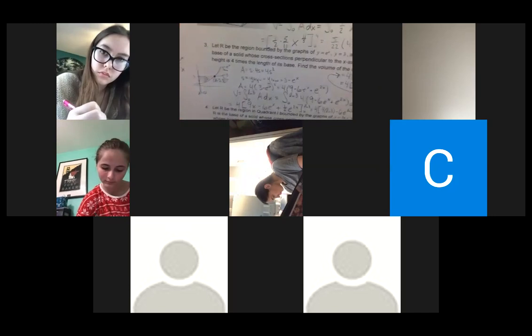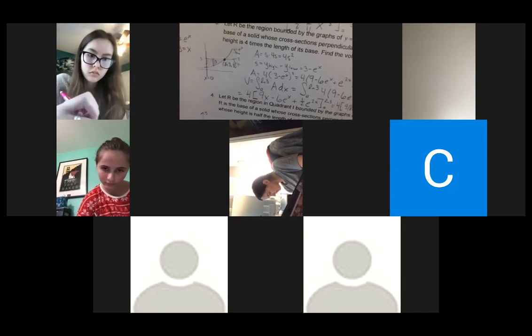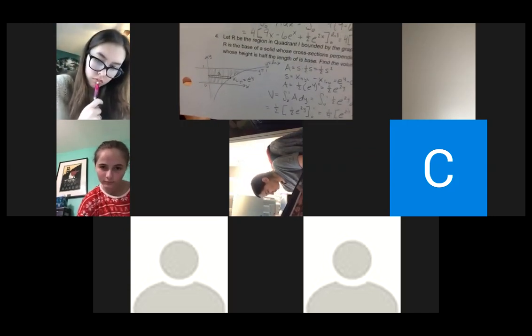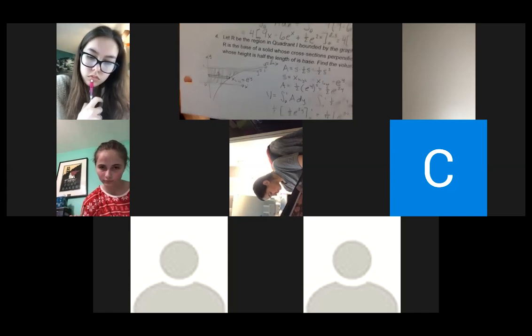So the top curve is going to be the 3, the bottom curve is going to be the e to the x, and because it is a dx problem, I do leave that e to the x as an e to the x. I don't need to rewrite it. When we talked about the last one, number 4, we had to rewrite that y equals ln x so that it was in terms of y, but you don't need to do that on this one.